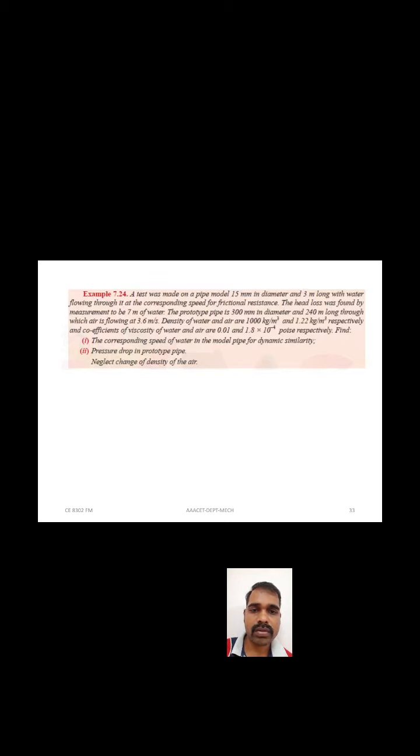So here that statement is clearly given. When the prototype moves closer to the surface, gravity force will generate surface waves, and that too will contribute to the surface resistance, and hence there would be no dynamic similarity. The model therefore will have to be tested with similarity of Reynolds and Froude numbers, right?